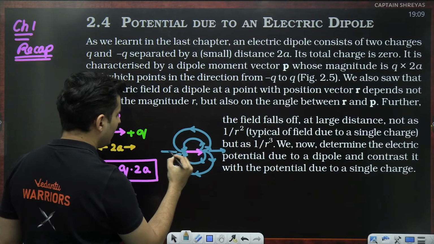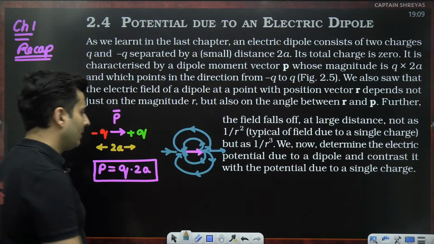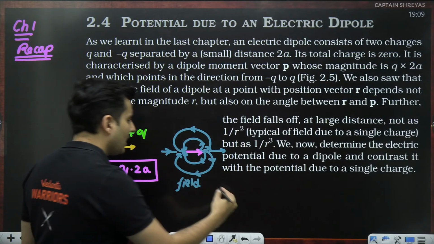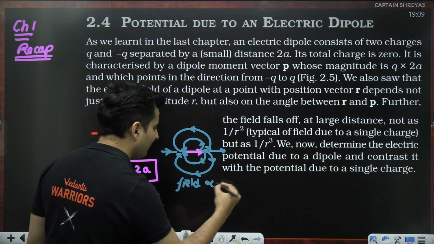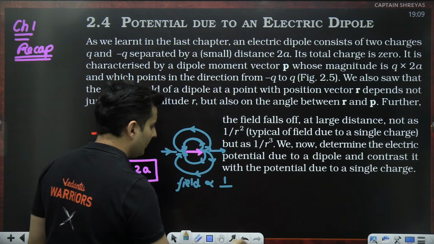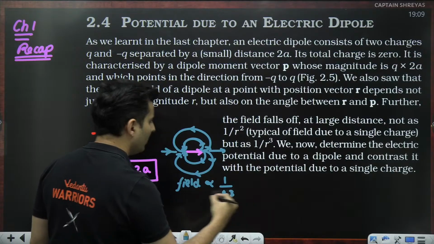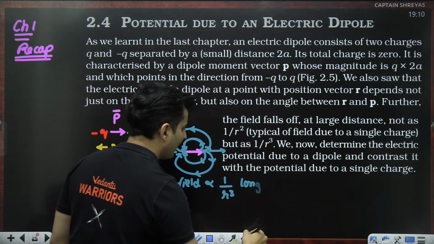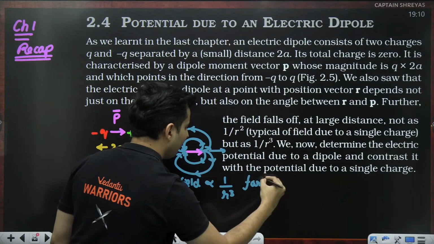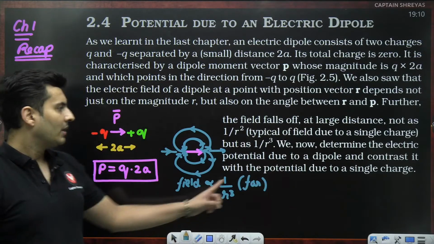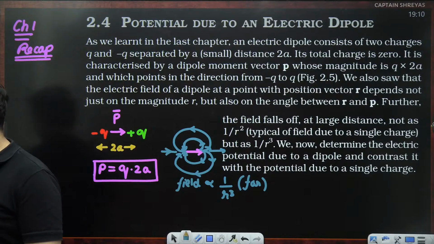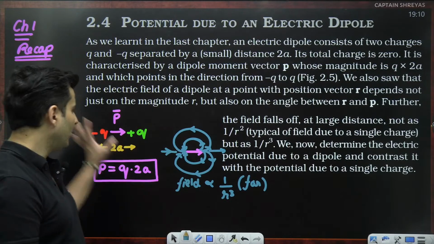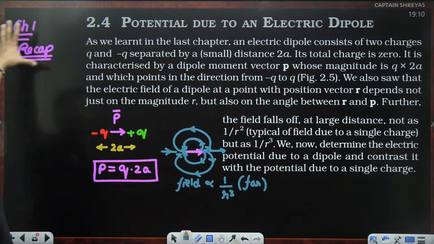Axial point, equatorial point, etc. So this is how the electric field due to the dipole is, and in general you will see that the field is proportional to 1 by r cube due to a dipole for far away distances, when you are really far away from the dipole. It is not 1 by r square. Is that right? Do you remember all of these pointers which we have discussed in chapter 1?